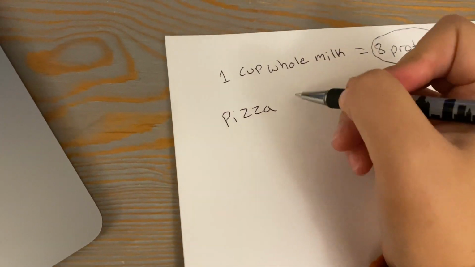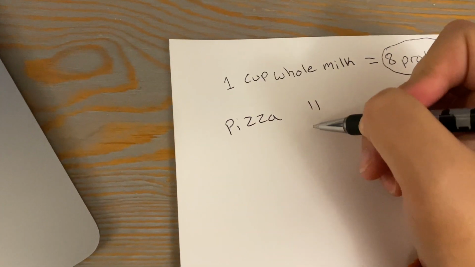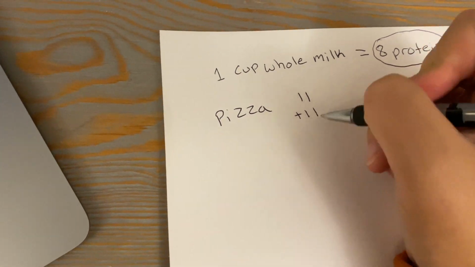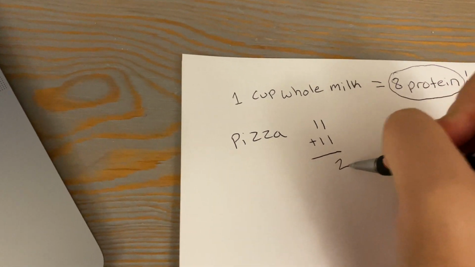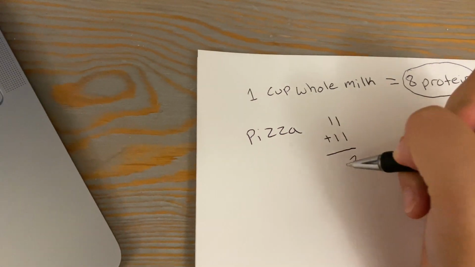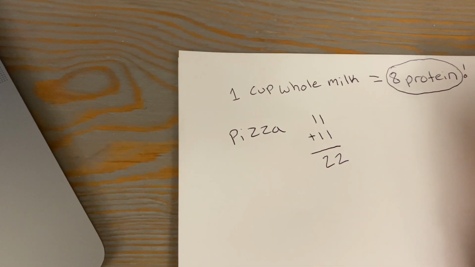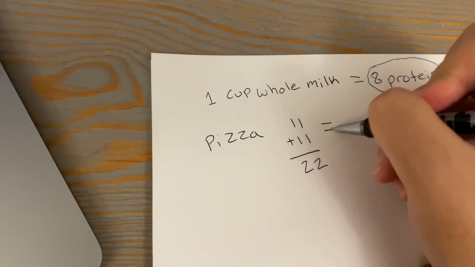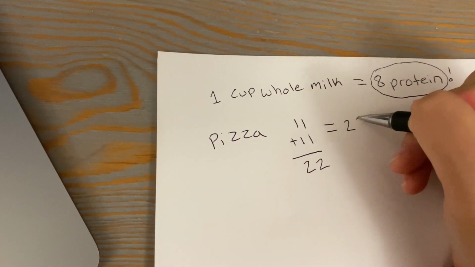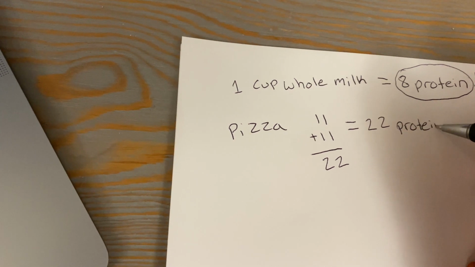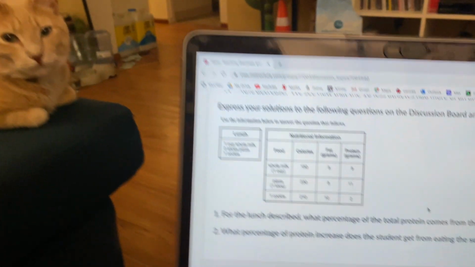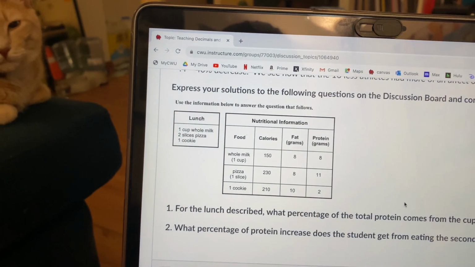Can anybody tell me what 1 plus 1 is? 2. What about 1 plus 1? 2. So 11 plus 11 is 22, right? So pizza would be 22 proteins.